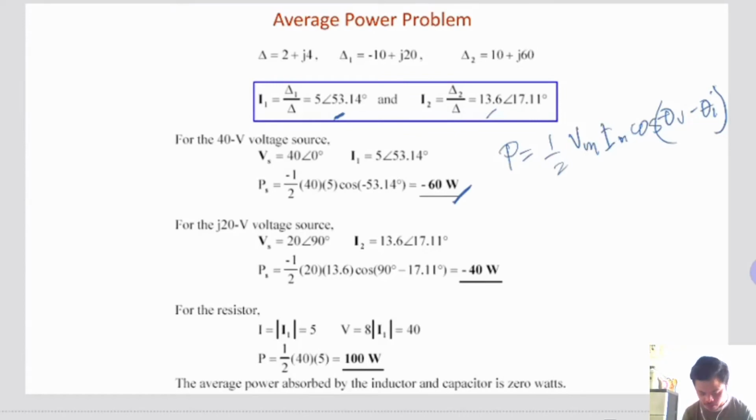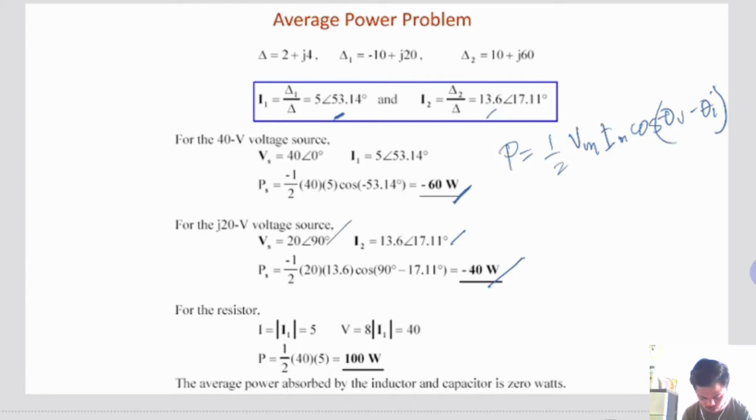For the 20 volt voltage source, we have 20 angle 90 degrees, and for current 36.6 angle 17.11 degrees. Substituting to that formula, this gives us negative 40 watts.